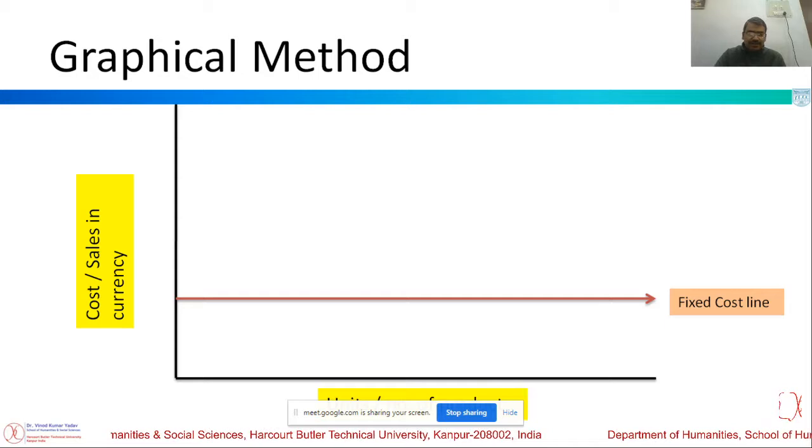Say for example, up to 100 number of products, for your 5 products your cost is this, for 10 your cost is this, for 50 your cost is this, for 80 your cost is this, for 100 your cost is this. So this fixed cost line is this, right?